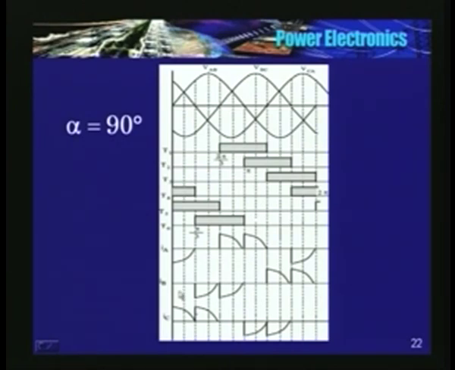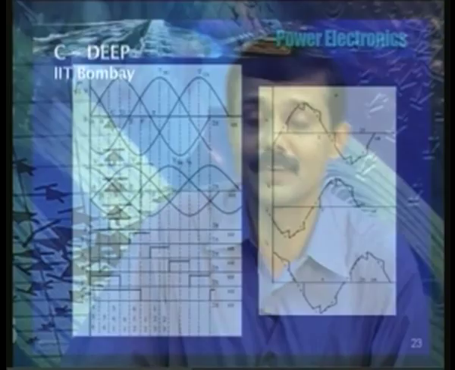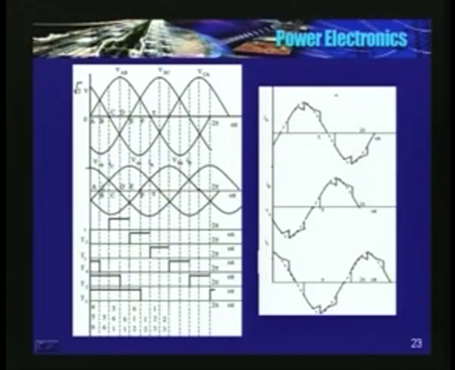Now for alpha is equal to 30 degrees. Now I have shown here, in addition, the phase voltages as well as the line to line voltages. Alpha is equal to 30 is somewhere at this point. This alpha is equal to 30 degrees.